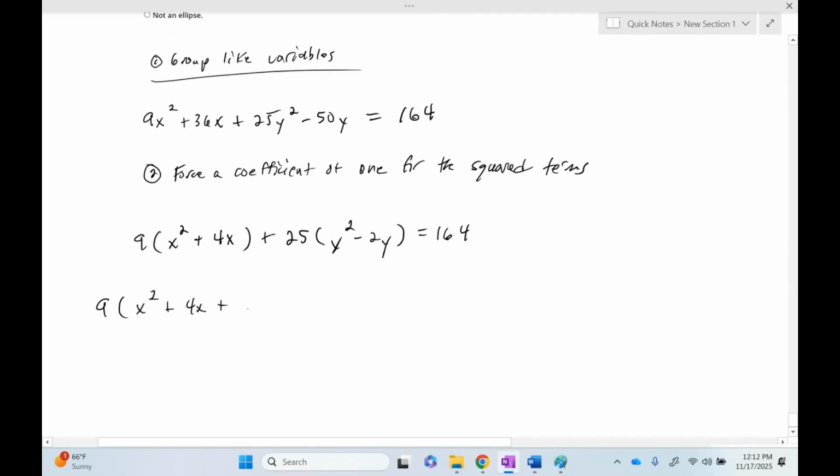Plus 4x plus blank, plus 25y squared minus 2y plus blank, is equal to 164 plus blank plus blank. So I'll explain these blanks in just a second.